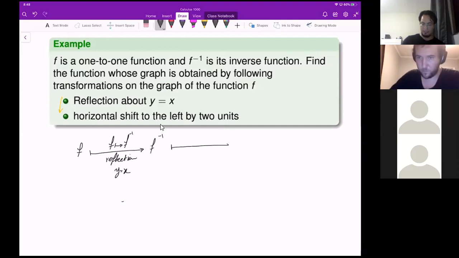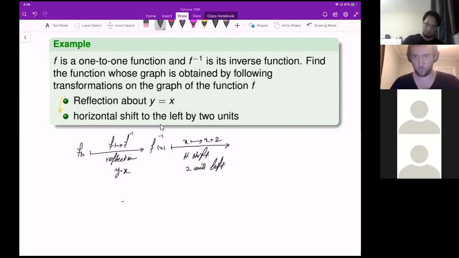Then you do another step, which is a horizontal shift left by 2 units. That comes from replacing x by x plus 2.